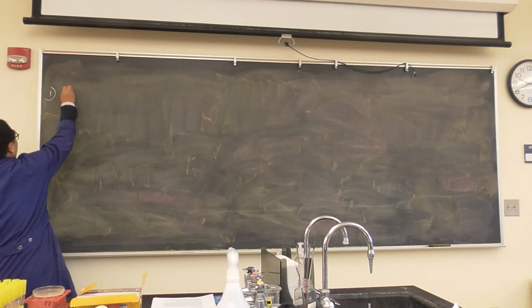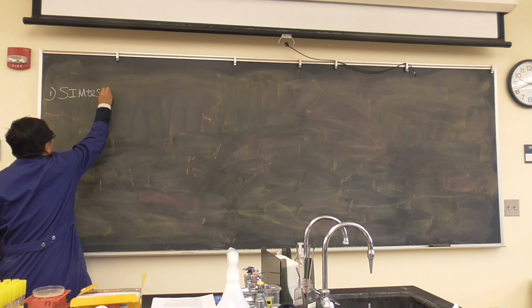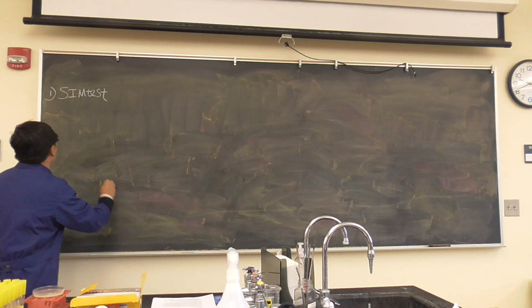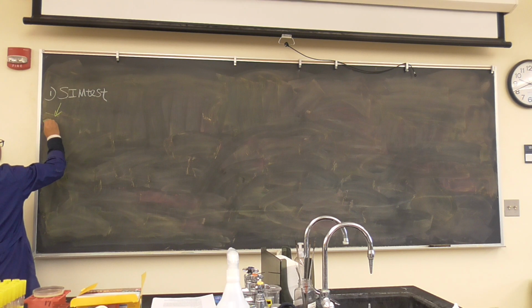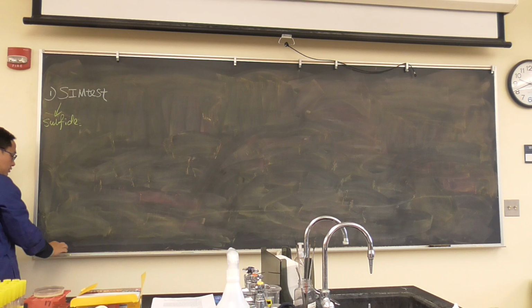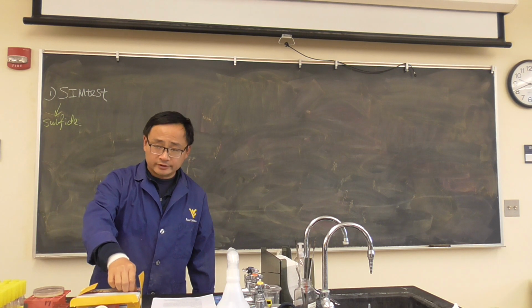So the first test we did is the SIM test. Remind yourself what they are talking about. What is this? Sulfide. And how do you know the sulfide test is positive? Do you know why it is positive?